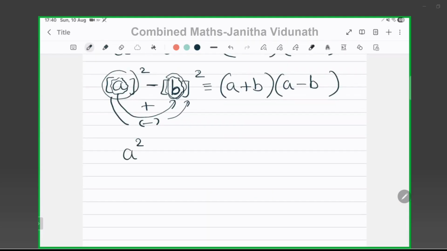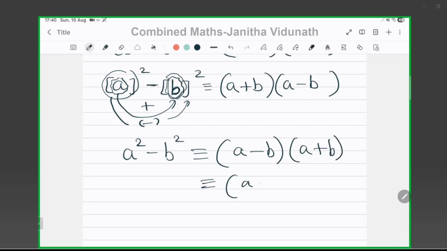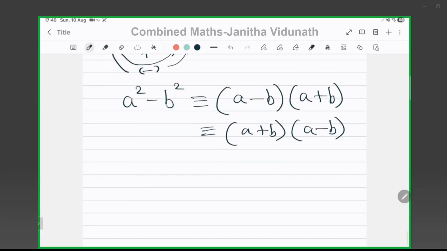Then we can factorize a squared minus b squared as a minus b times a plus b, or a plus b times a minus b. Addition of the two numbers and subtraction of the two numbers. Now, here we can prove this expression.